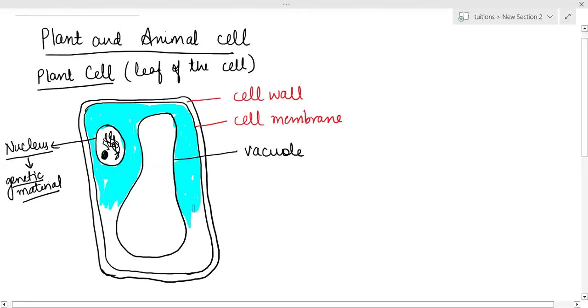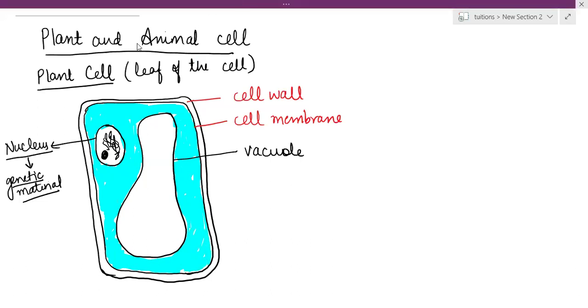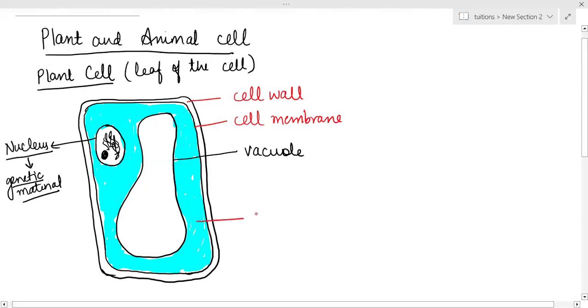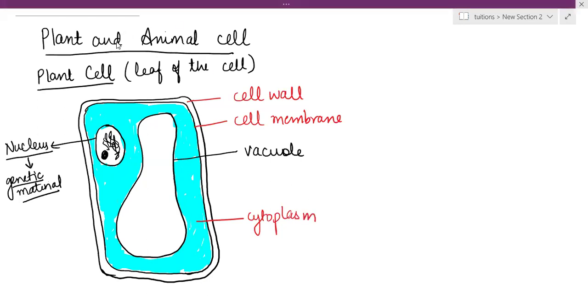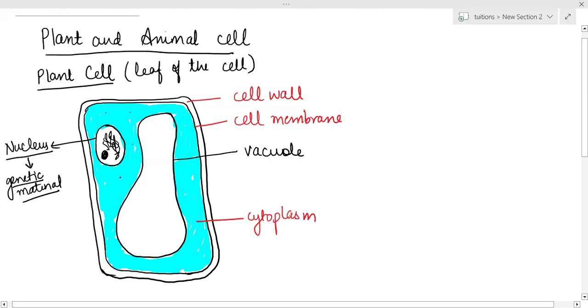Now, this jelly-like substance is known as cytoplasm. In this cytoplasm, we have some very small organelles, just like dots. These dots are ribosomes, very small organelles.